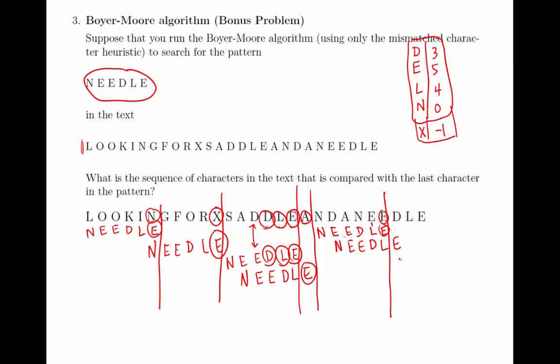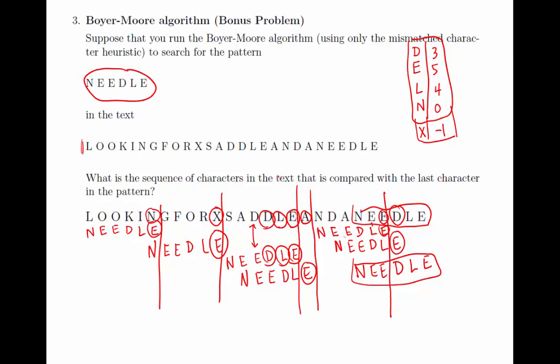And at this point, we compare D and E. They don't match, but D happens to be in the pattern. So for the next step, we're going to align D with that D. So that's the first. So we'll have N, E, E. At this point, as you can see, this will match up with that, and we found the pattern.